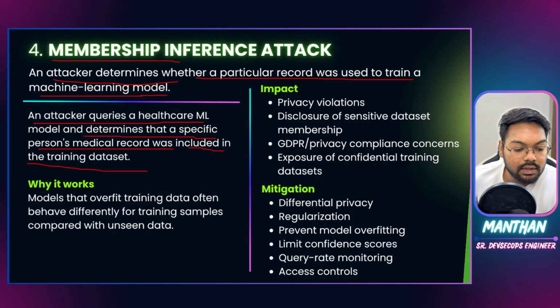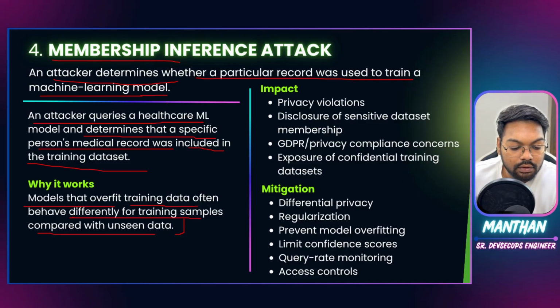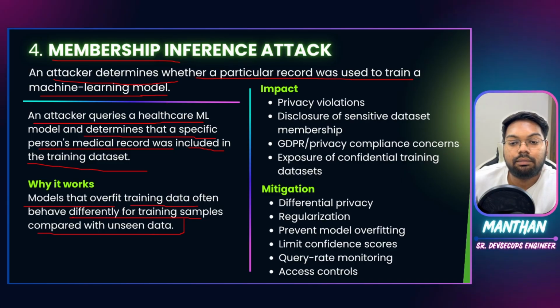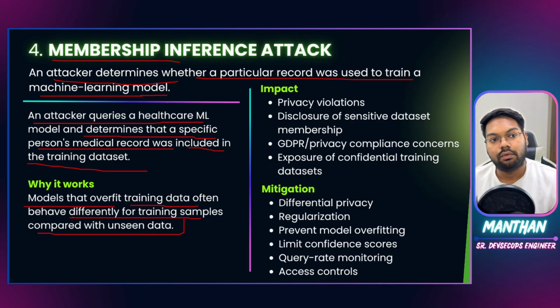Now why it works is that models that overfit training data often behave differently for training samples compared to unseen data. So what happens is that if you have only trained a model to work on predicting dogs, then if you give it a photograph of a cat, it would not recognize that thing.